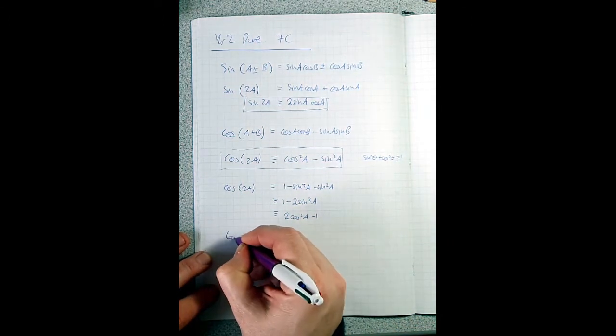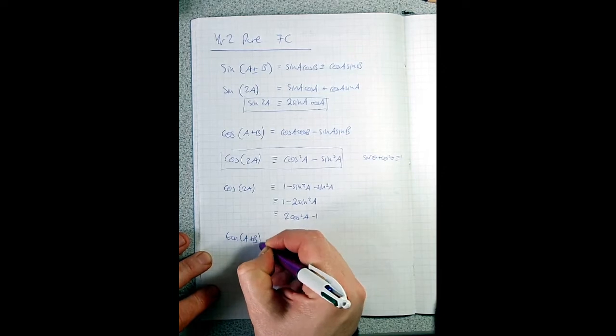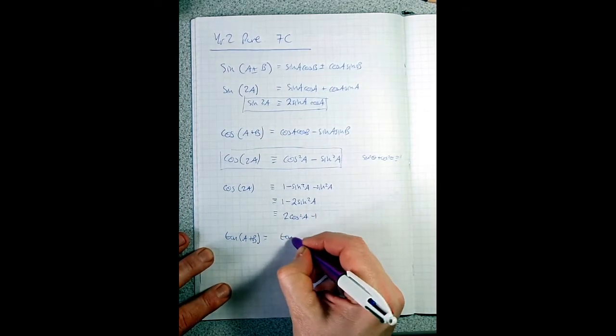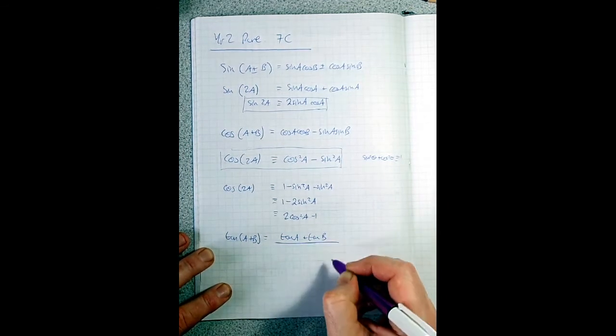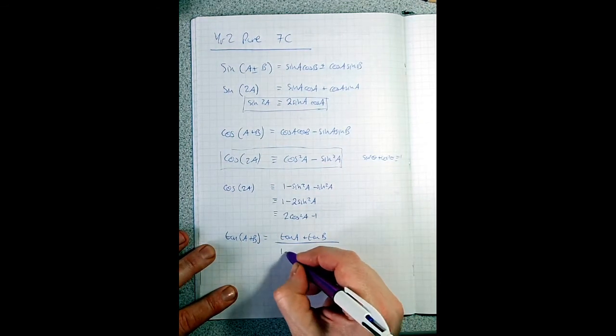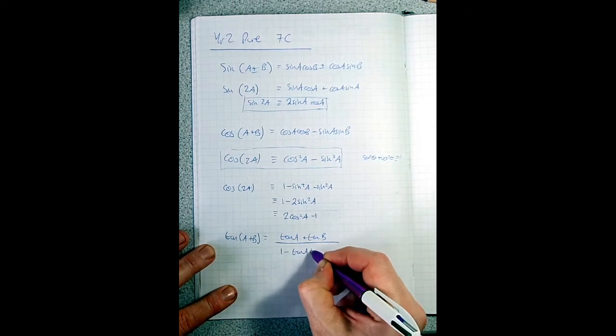And likewise, we're given tan of a plus b is tan a plus tan b over 1 minus tan a tan b.